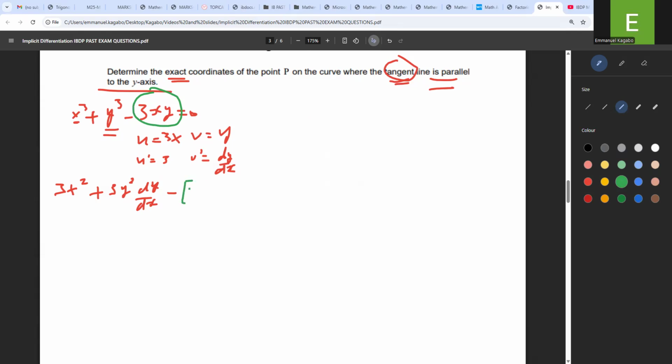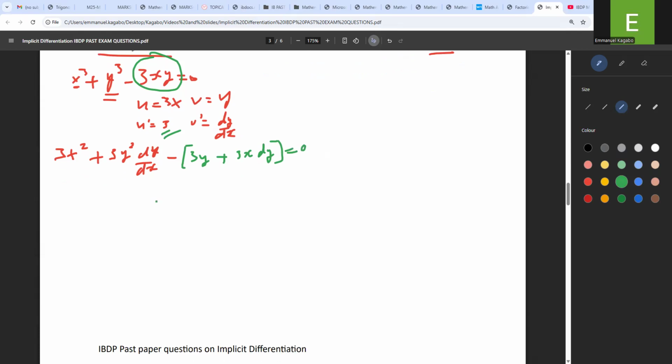So it's going to be 3 times y, which is 3y, because it's this one times this. Plus v derivative u, so it's going to be 3x dy over dx. The derivative of 0 is 0, so that one is not a big deal.